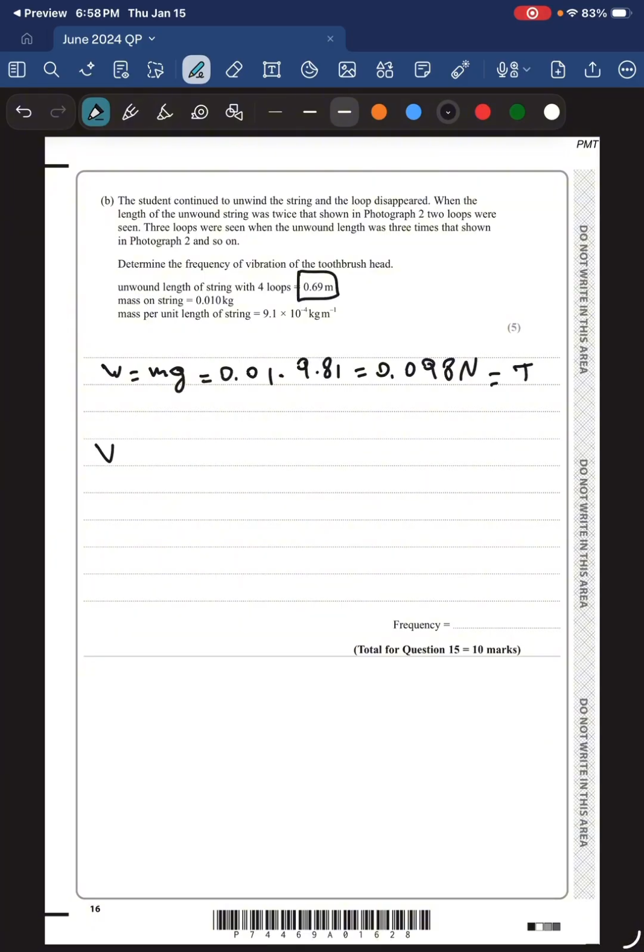Okay, we know that the velocity of the wave for standing waves is equal to the square root of the tension over the mass per unit length mu, and they give us all that, right? So 0.098, and they give us the mass per unit length mu, so 9.1 times 10 to the negative 4, gives 10.38 meters per second.